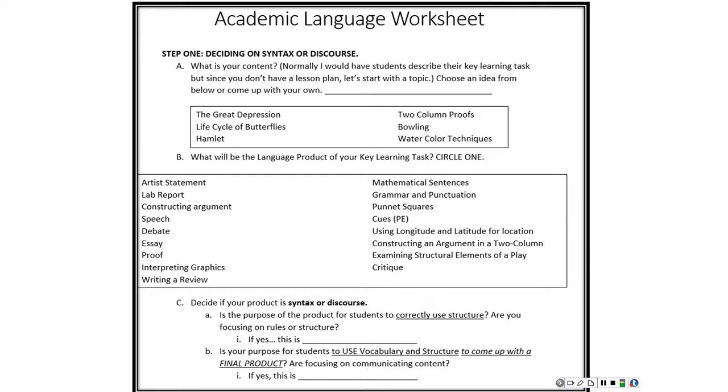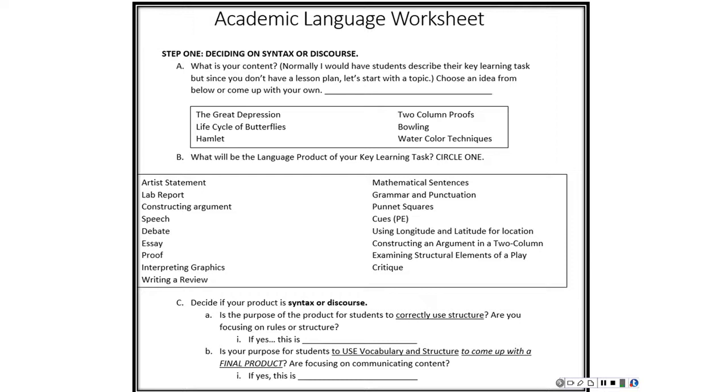Now, thinking about what you're going to do here. Let's say you have a lab report that you're going to write. Who decides what the purpose of the lab report is? Teacher. Teachers think they have no freedom, and actually they have freedom all day long.